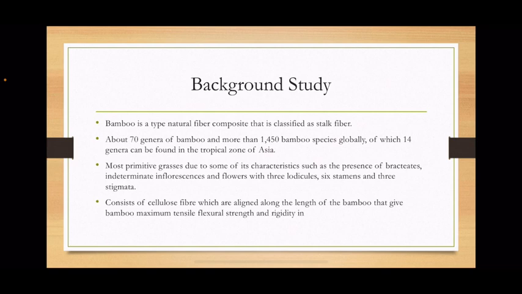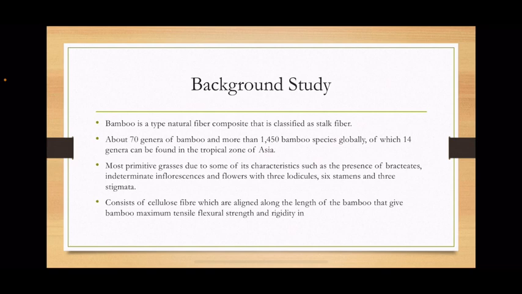There are about 70 genera of bamboo and more than 1,450 bamboo species globally, of which 14 genera can be found in the tropical zone of Asia.